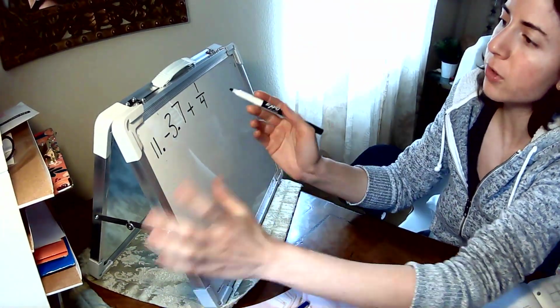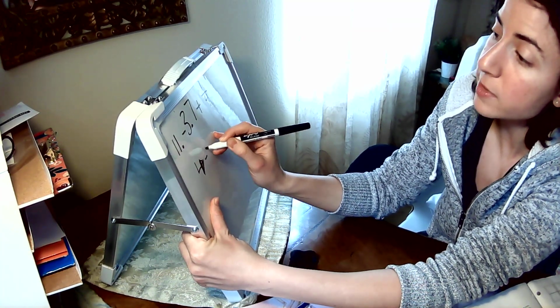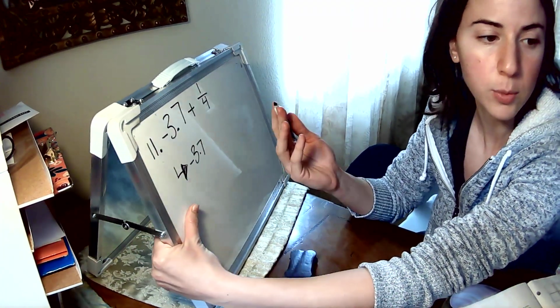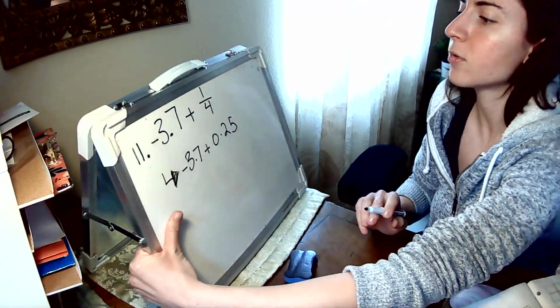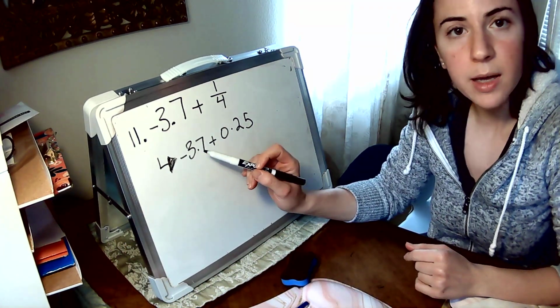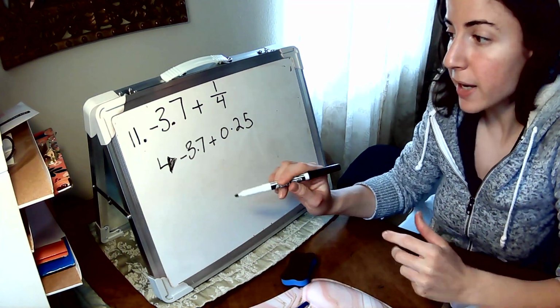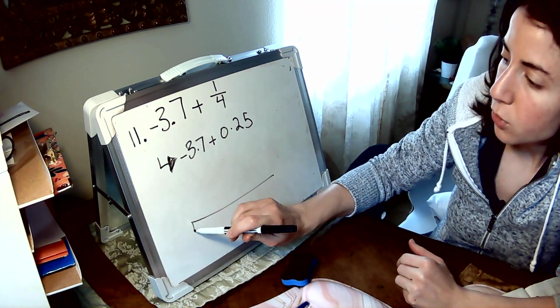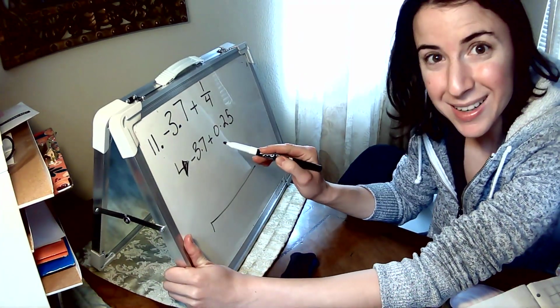So the negative 3.7 is going to stay the way it is. We don't have to change that. Plus 0.25. Cool. Now remember, when we add to a negative number, we're kind of subtracting. That's the trick, right? Even though you're technically adding.